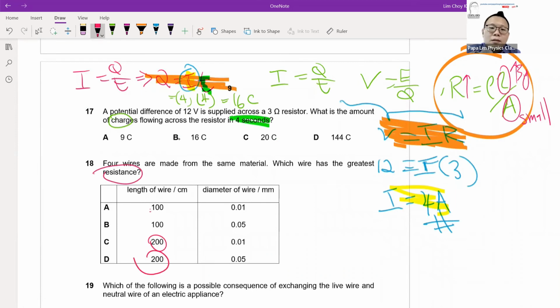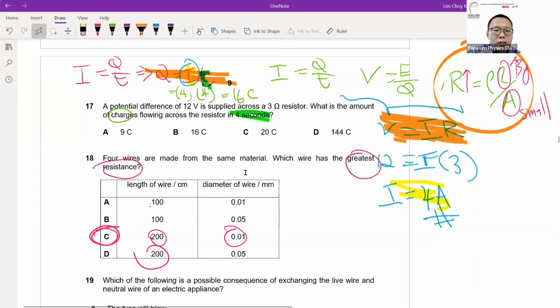If I want the area to be small, the diameter of the cable must be small, so it will be 0.01. The option that has all these components is option C, whereby I look at a long length and thin wire, which is a smaller cross-sectional area. These two numbers will result in the greatest resistance value. So this is what we mean by you need to know the basic formula before you can start to do the question.